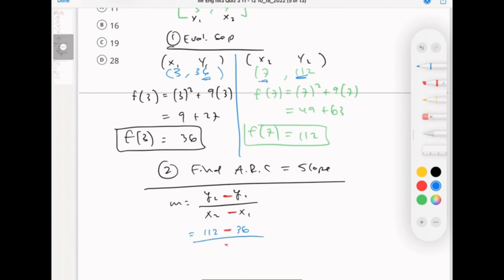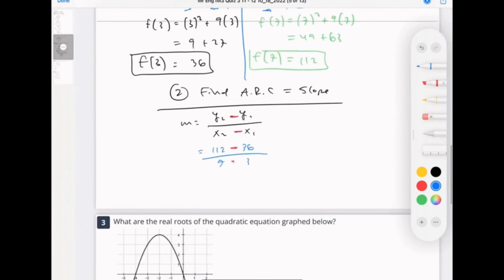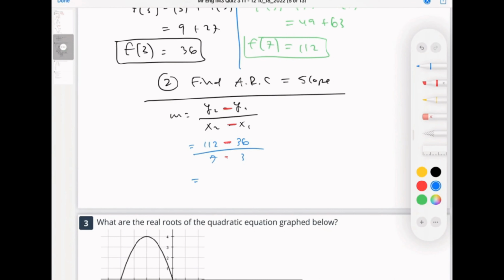My x2 value is 7 and x1 is 3. So this is going to give us 76 over 4, which reduces to 19. We have an average rate of 19.